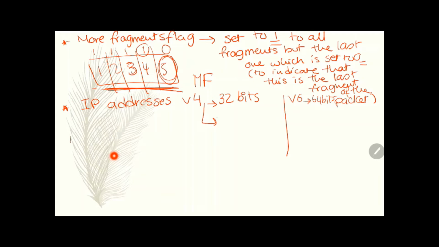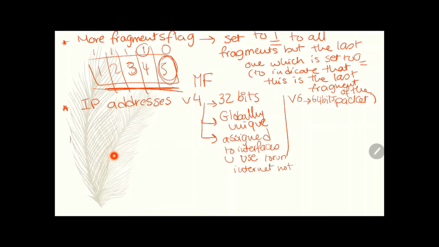Also, if you recall from the last tutorial, I mentioned that any IP is globally unique. It's assigned to interfaces you use to run the internet, not devices.